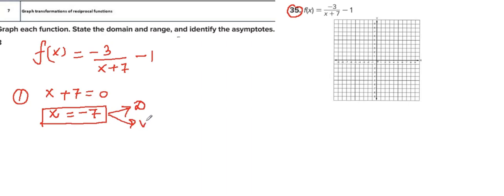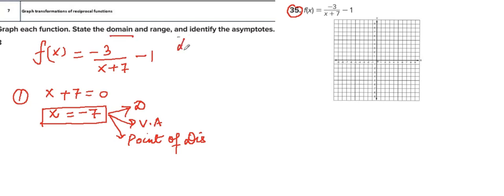Second thing, vertical asymptote and point of discontinuity. If they ask what is the point of discontinuity, then you can say the point of discontinuity is x equal to minus 7. Now here they're asking the domain.